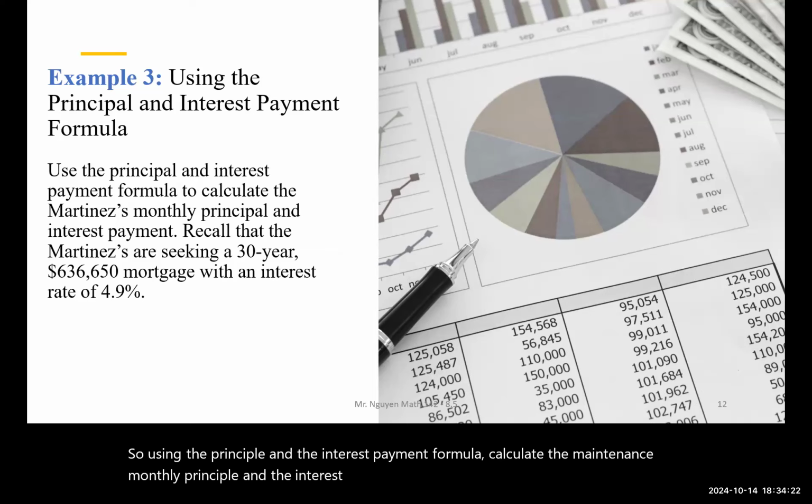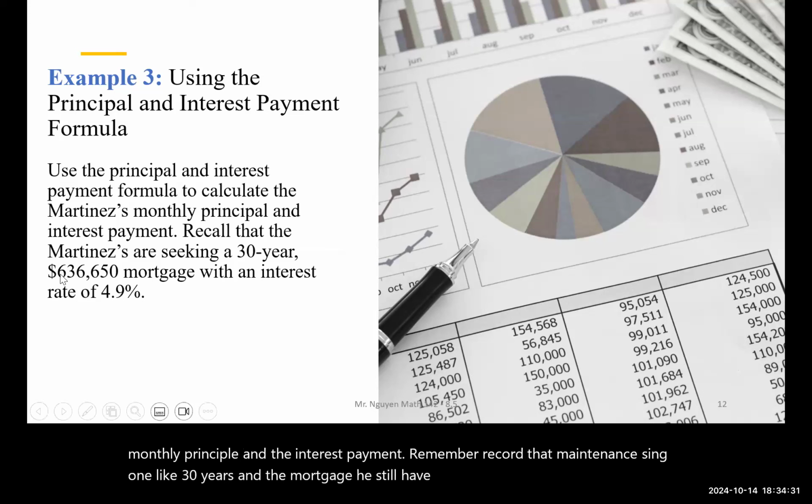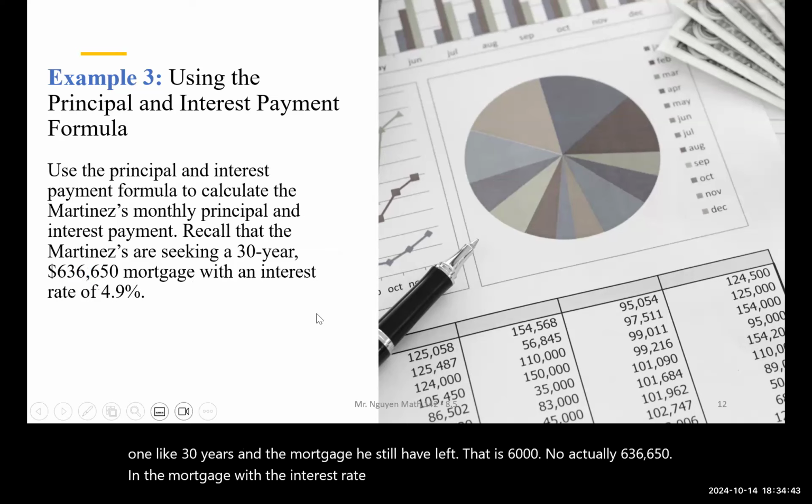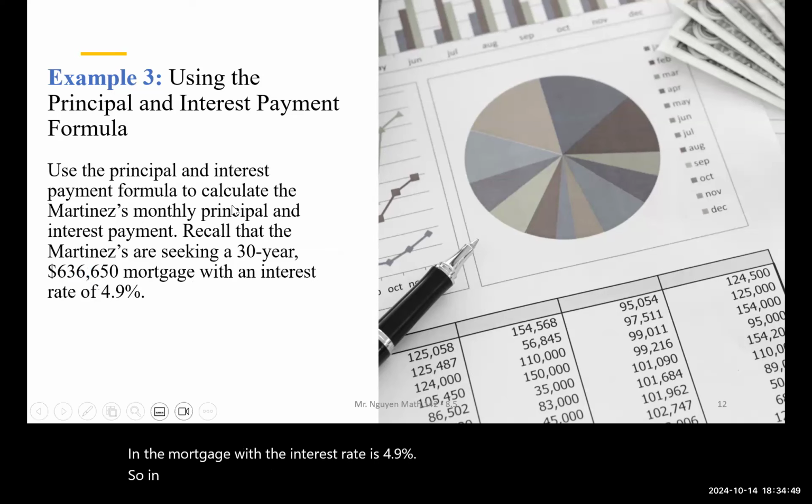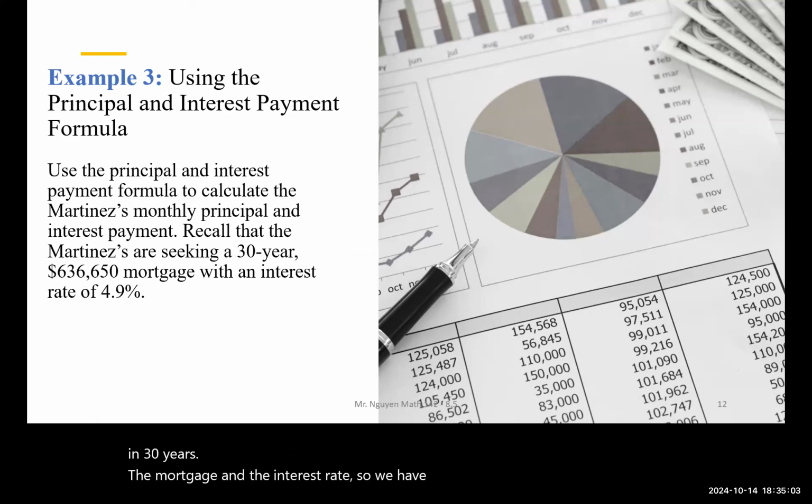The mortgage he still has left is 636,650, with an interest rate of 4.9%, over 30 years. So we calculate monthly. We have everything right there.